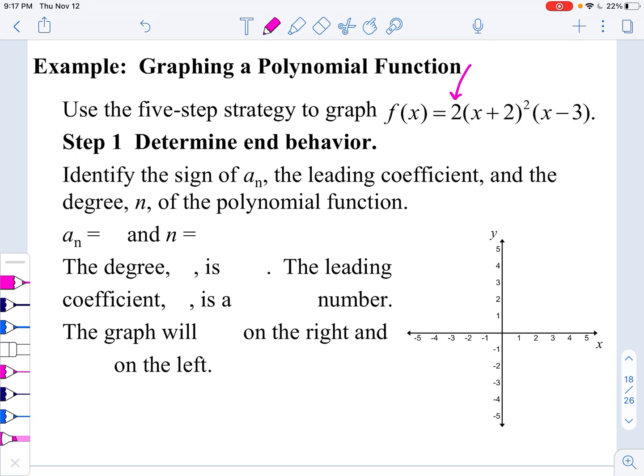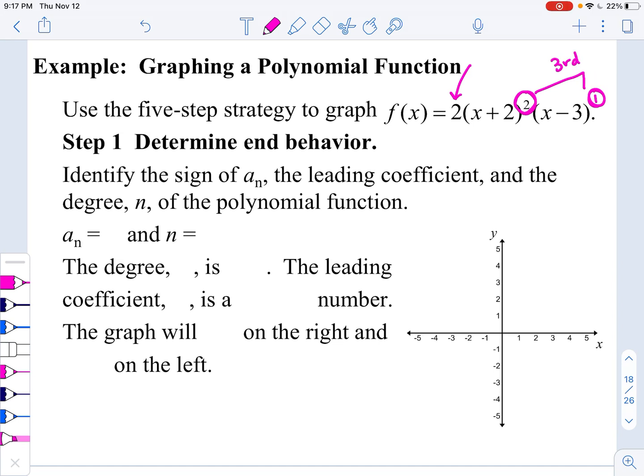It says n, the degree of the polynomial function. So if we take a look at the degree, we have a second power with that first set of parentheses, and we also have a power with that x minus 3. Well, that's a first power, right? We don't write first powers, but we know that there's one of those there. So altogether, this is going to be a third degree function.